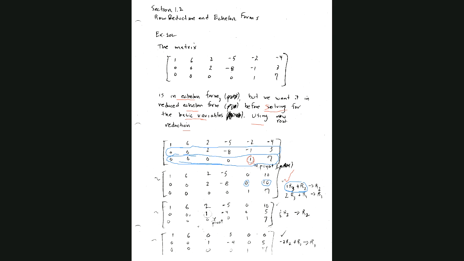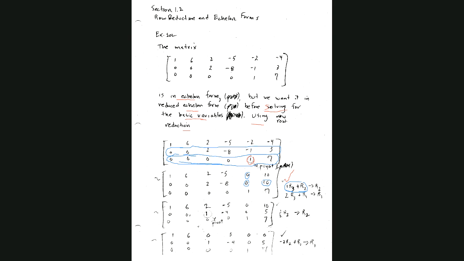Then what we need to do is get a 0 here. So again, I'm going to use my pivot in the third row. I'm going to multiply the third equation by 2. Why? Because 2 times 1 is 2, and 2 and -2 make 0.